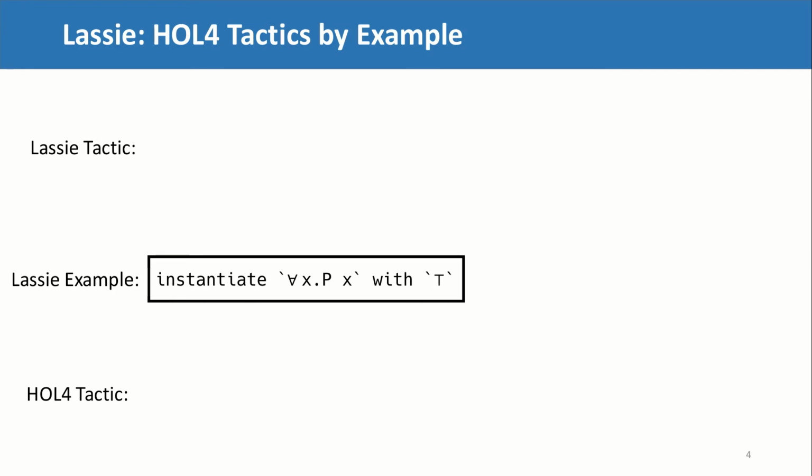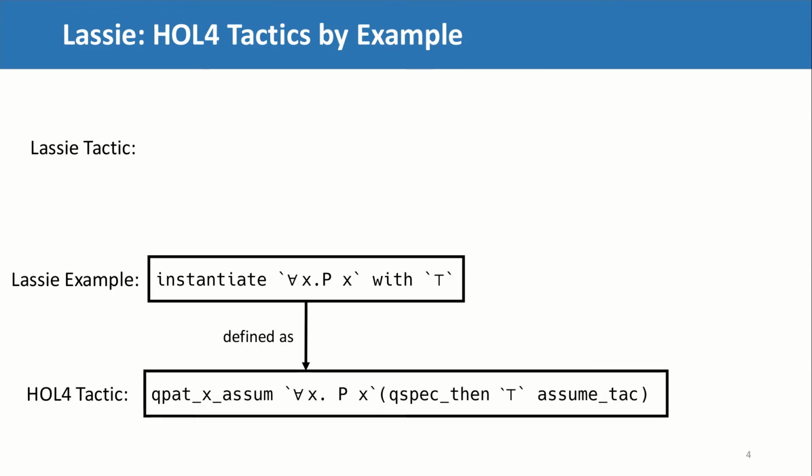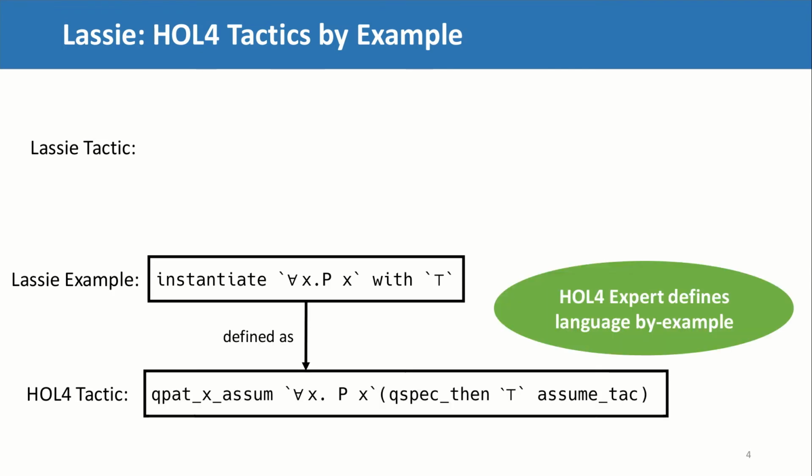Suppose we want to define the Lassie tactic, instantiate for all x, p of x, with true. An expert user will define this in HOL4 as the tactic which I'm showing you at the bottom of the slide. And this is only defined by example. There is no need to define a function here.